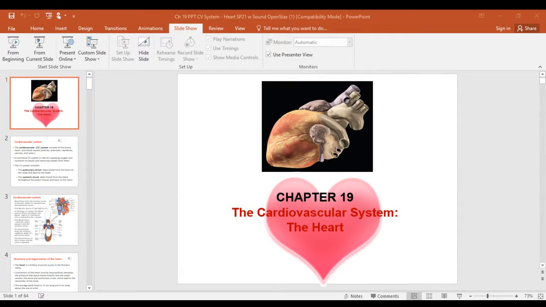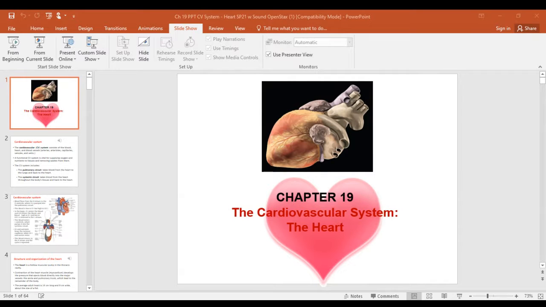It has to have its own blood vessels that go deep into that muscle and deliver oxygen and nutrients to all the cardiac muscle cells of this myocardium, the heart muscle. And those blood vessels that do that are the coronary arteries.